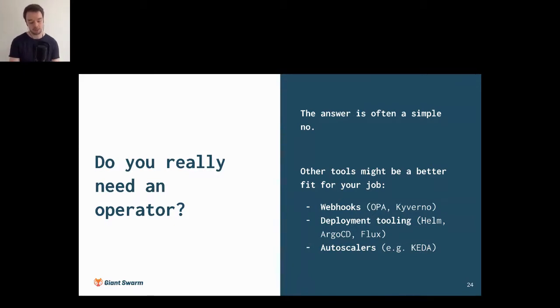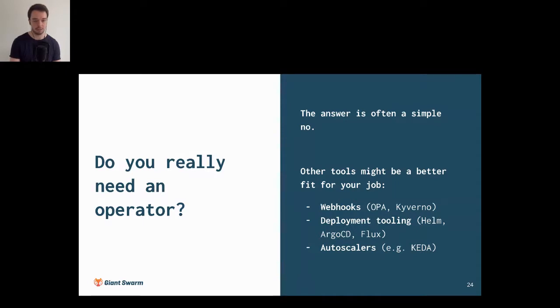And then finally, even though a lot of the examples I mentioned, mainly the database operators that exist in variants, deal with autoscaling or scaling these databases, you should also look for your application if you really need an operator to do scaling, or if you can, for example, use some autoscalers that already exist.